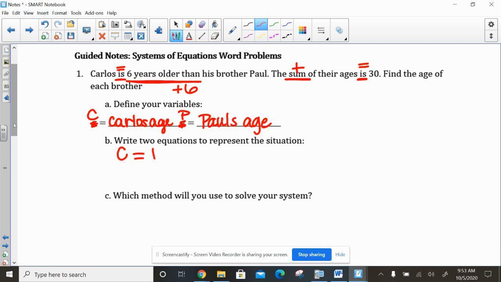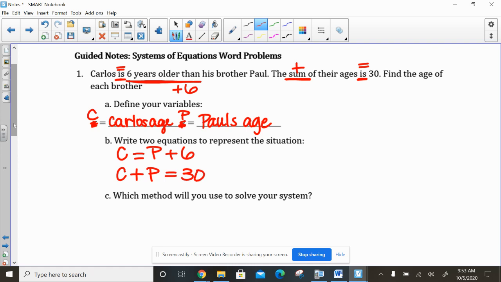So this will be P plus 6. 6 years older than means I'm going to add 6 to Paul's age. And then the sum of their ages, so Carlos plus Paul, will equal 30.